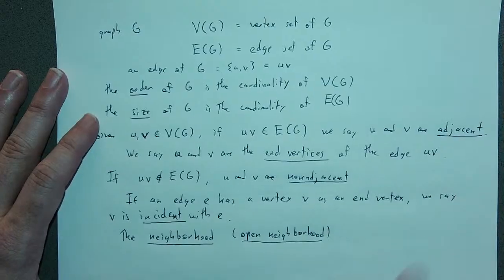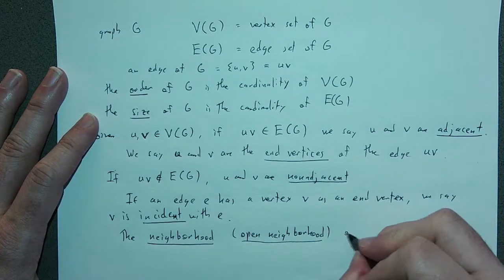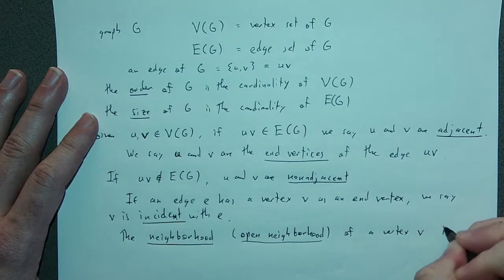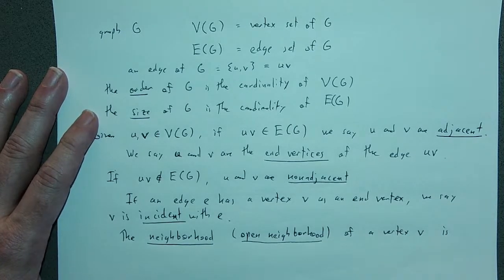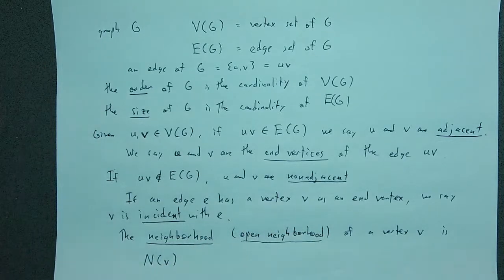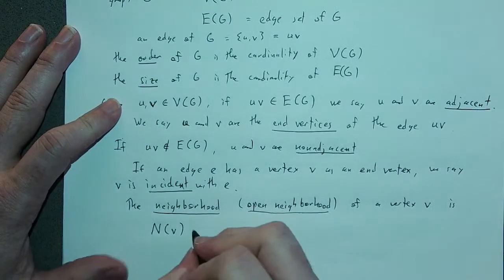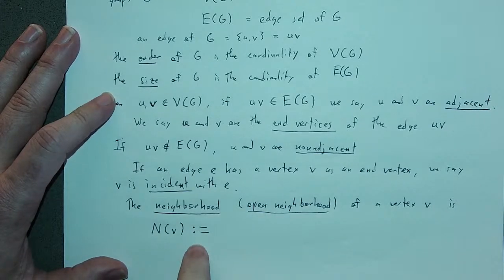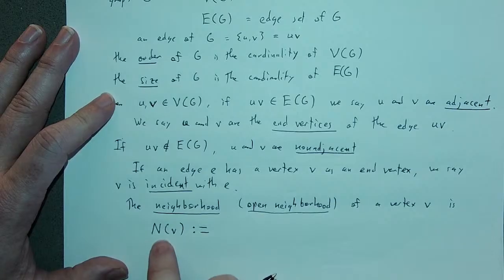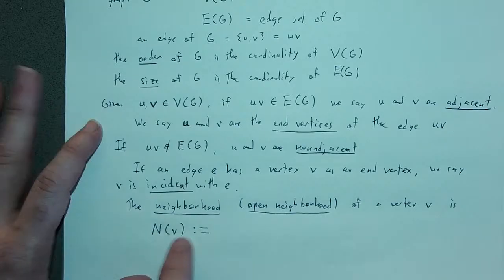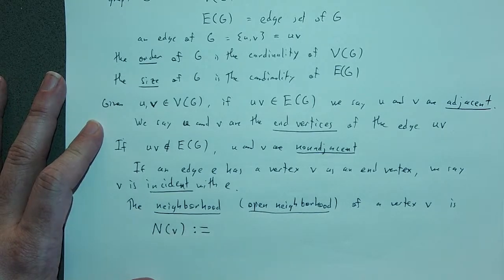So the neighborhood or open neighborhood of a vertex V is the following. So this is the notation I'm using. I'm going to use this notation here to say this isn't anything special. This is just saying I'm defining this symbol to be what I'm about to write on the right. Okay, so this isn't a special equal sign or whatever. It's just me conveniently saying this is the definition of this thing.